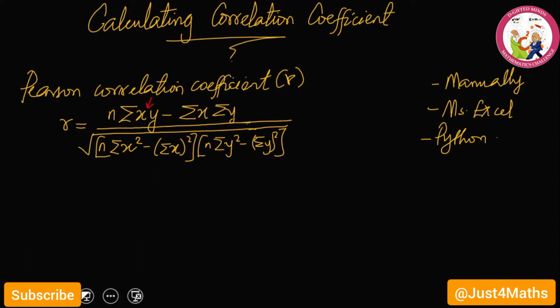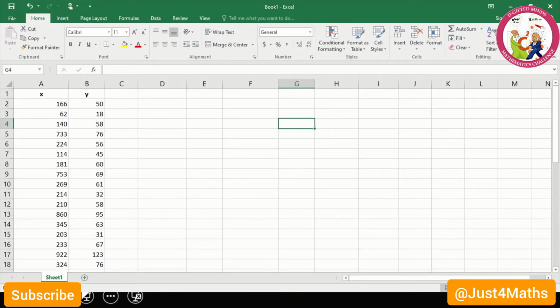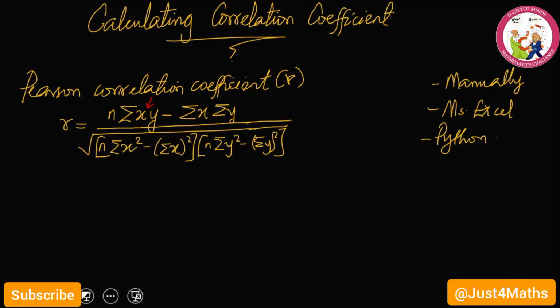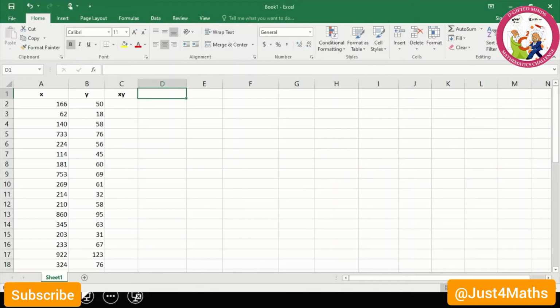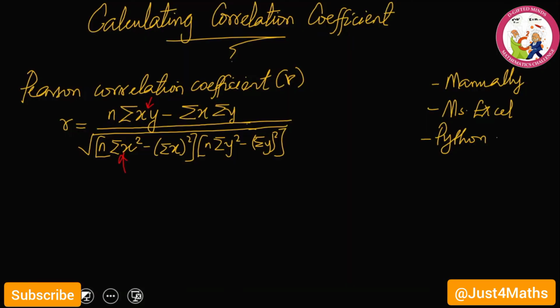What I'm doing is what you are meant to do in your exercise book. So you add a column to that table and label it XY. Again, we add another column labeled x squared. When you are doing this manually, this is what you're expected to do. I need another column labeled y squared.